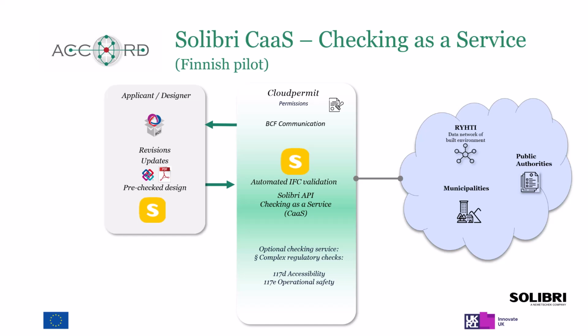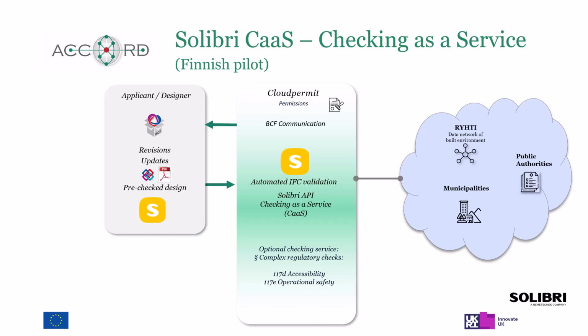In the Solibri Checking as a Service pilot, we have the cloud permit handling the permitting material. The applicant delivers the IFC file with the PDF files, and Solibri automatically runs the IFC validation for this content. And after that, the user and the authority have the optional checking service available, so they can run accessibility and operational safety as an example.